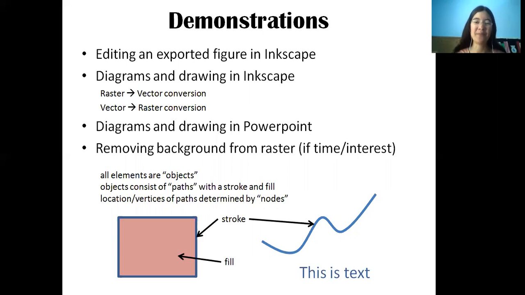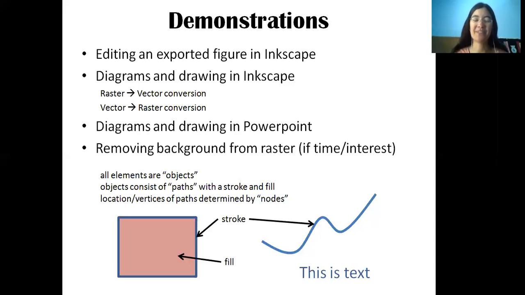They can be open paths or closed paths. And the paths have basically two attributes, which are the stroke and the fill. So the stroke is the color of the path itself, so like the line or outline. And the fill is the color inside the stroke, which makes more sense for a closed shape, but you can put a fill on an open shape as well.